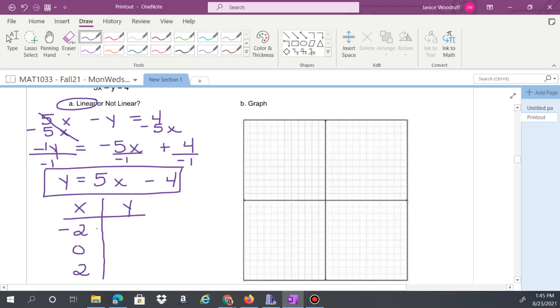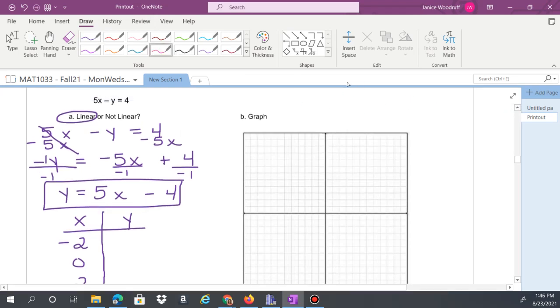Okay, so here I plug a negative 2 in. We can do the work up here. So 5 times negative 2 minus 4. That's negative 10 minus 4, negative 14.